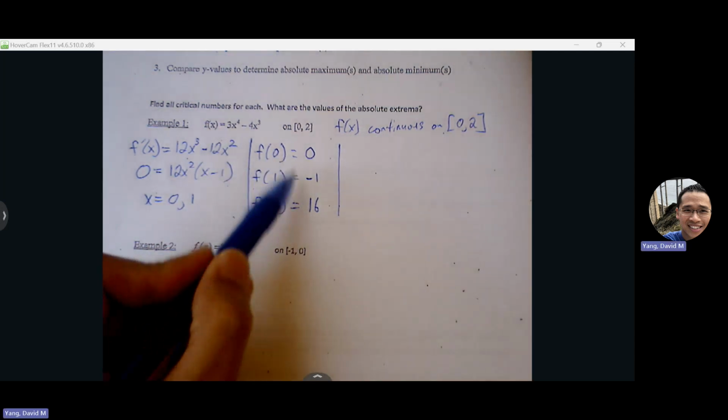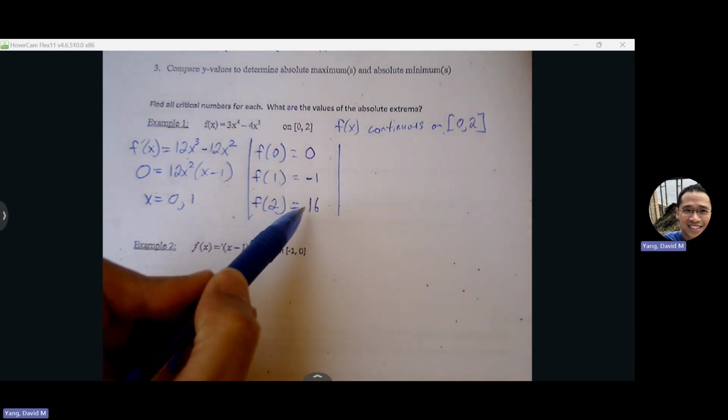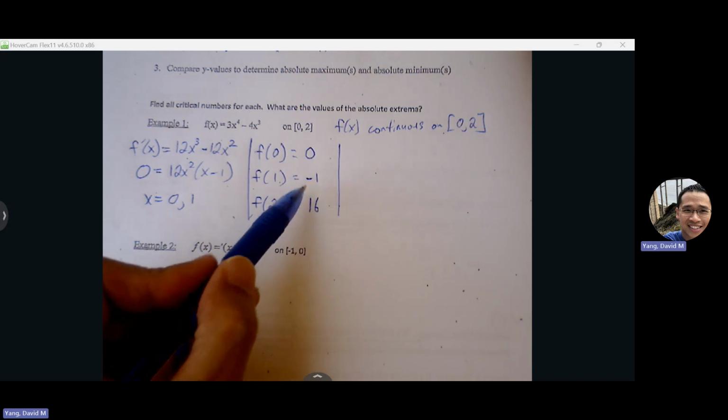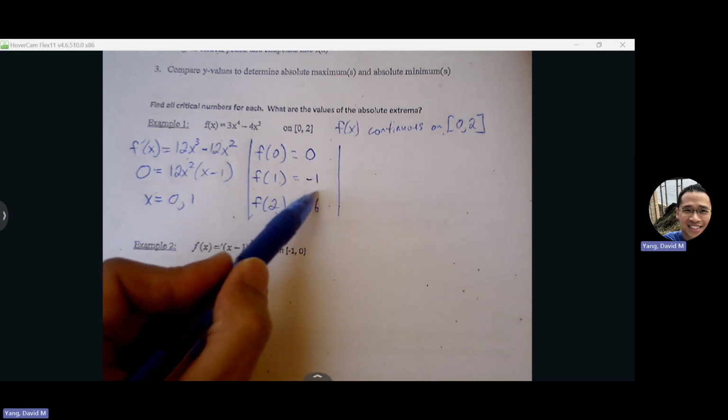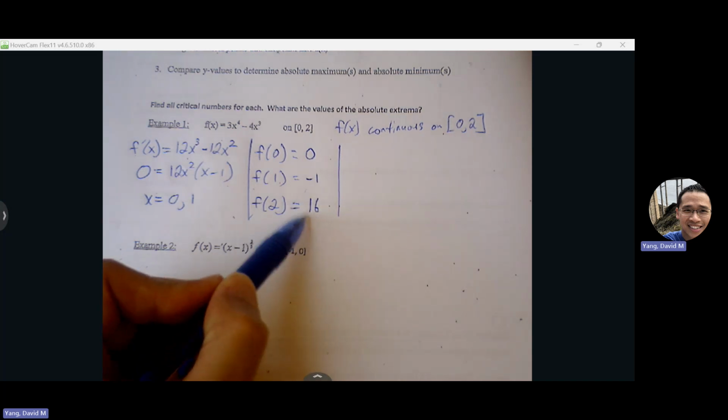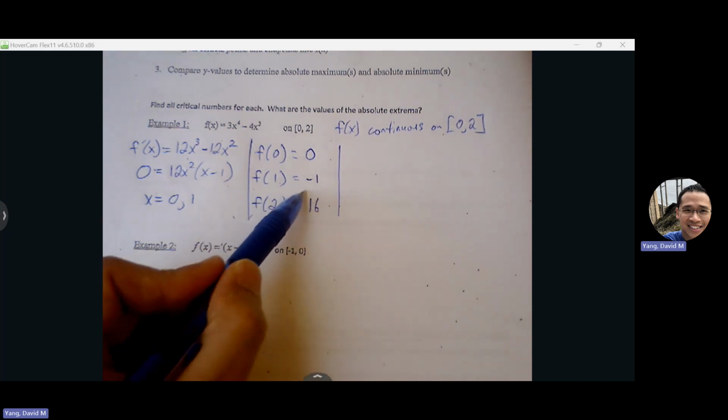So we can tell by looking at these y values, right, that the highest number will be where the absolute max is. Lowest number will be the absolute min. So our absolute max value is 16. Our absolute minimum value is -1.